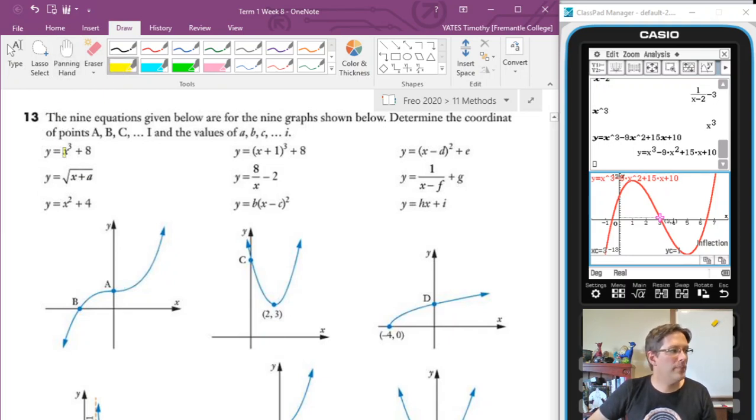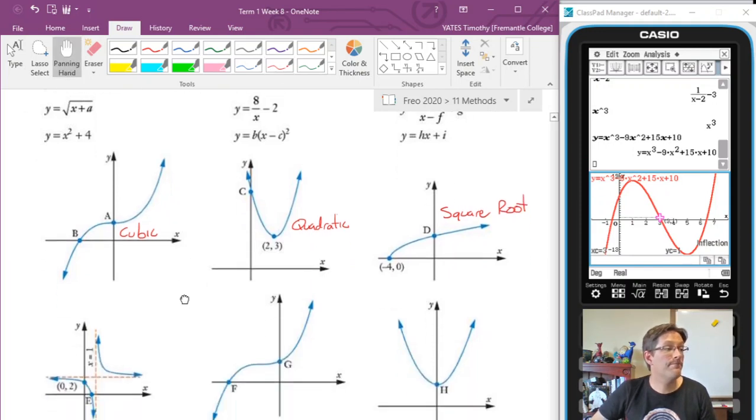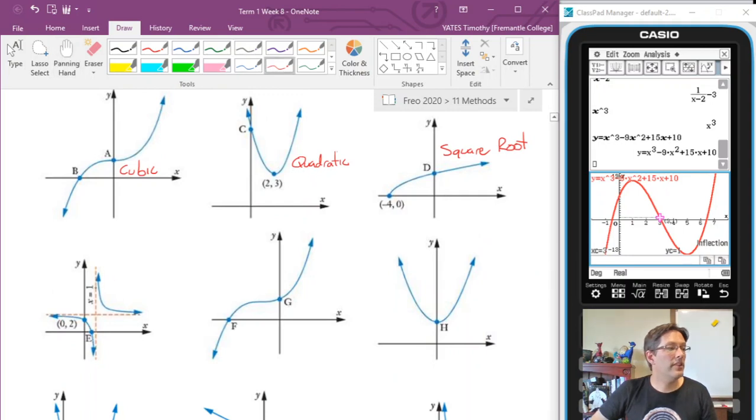For this one here, actually we'll just go through the graphs first. What kind of graphs have we got? This one here is going to be a cubic. This is a quadratic or parabola. This is a square root function, because we've covered all these yesterday and today, and indeed previously. This is our reciprocal.